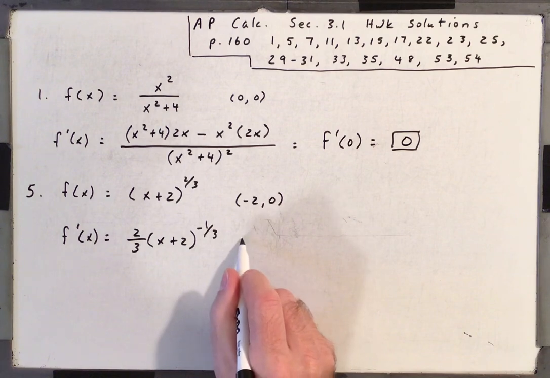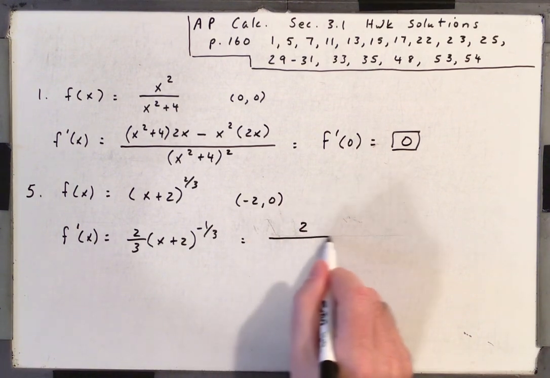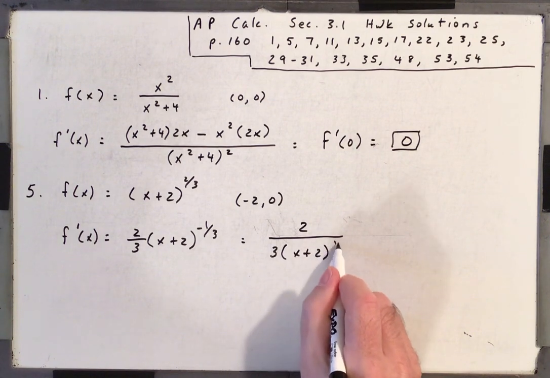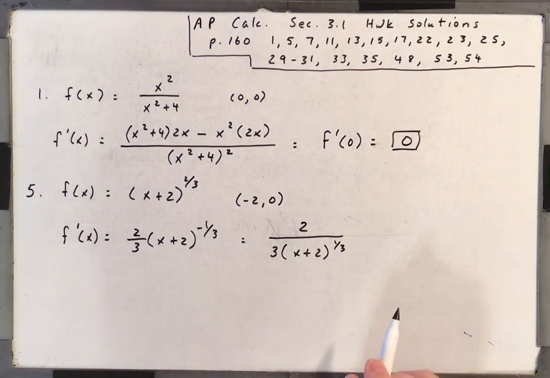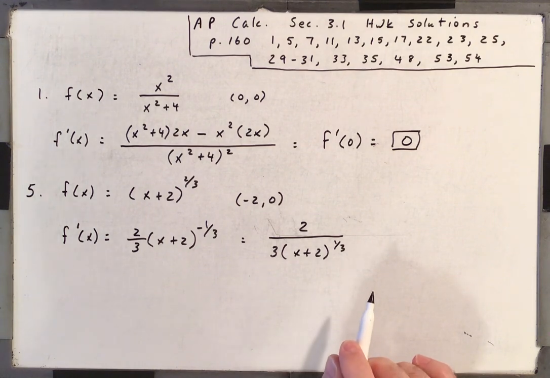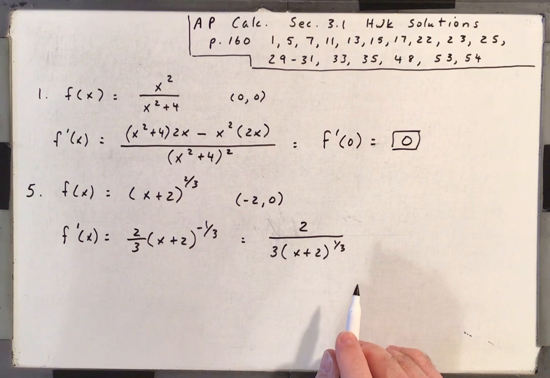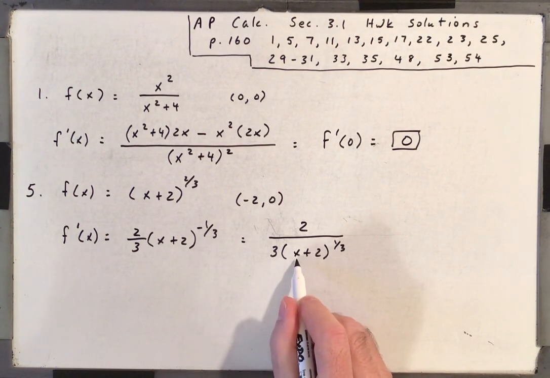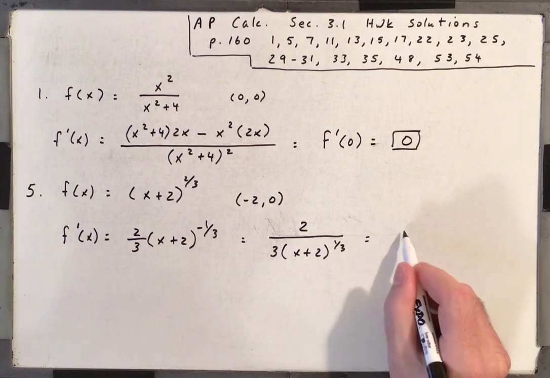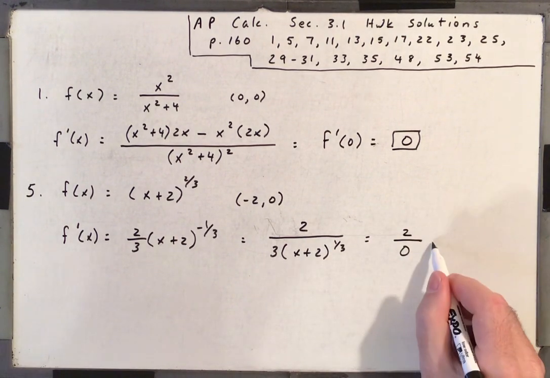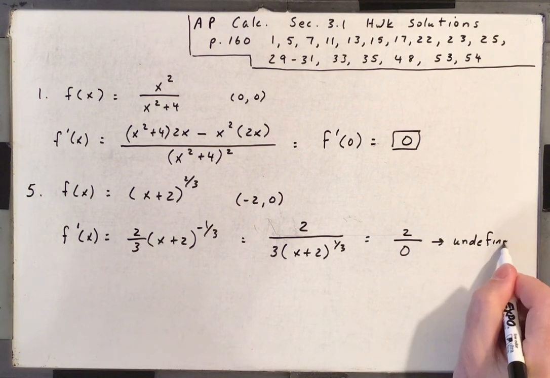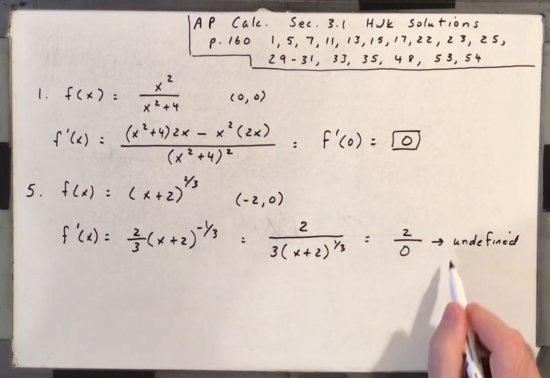I'm going to rewrite that as 2 over 3 times (x plus 2) to the 1/3 power. All right, plugging in -2 there, I would have 2 over 0, so it is undefined at the point (-2, 0).